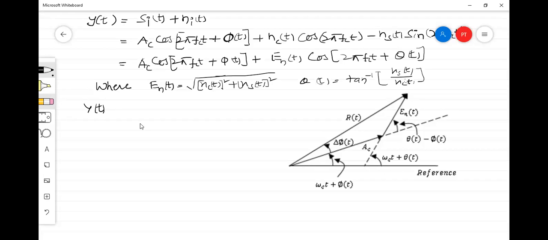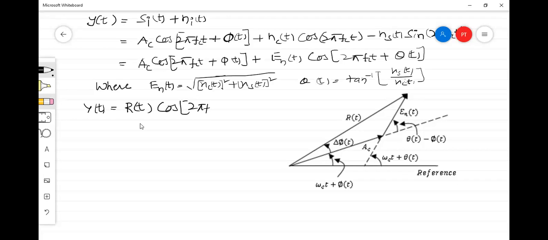y(t) equal to r(t) into cos. What is the angle? 2π f_c t plus the angle.